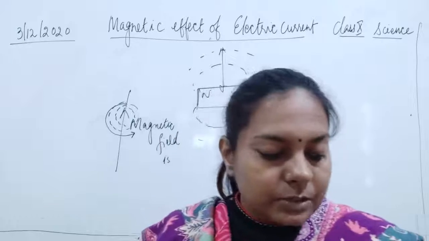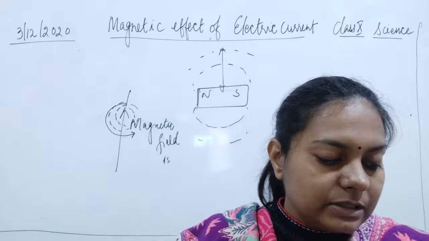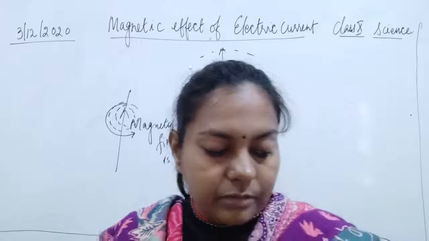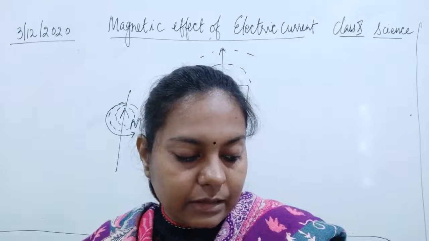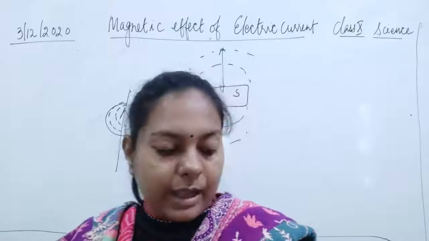So this was about the magnetic field pattern due to a straight current carrying conductor. It could be a straight current carrying wire also.